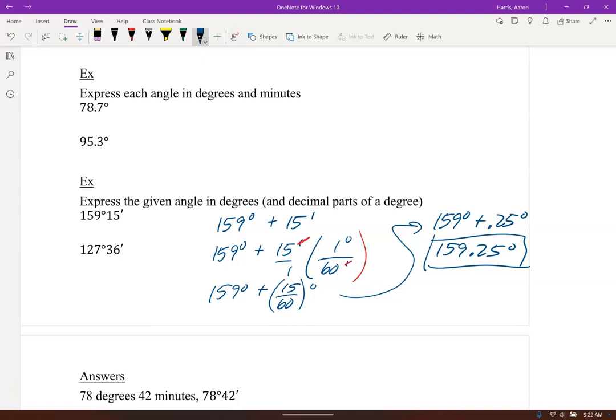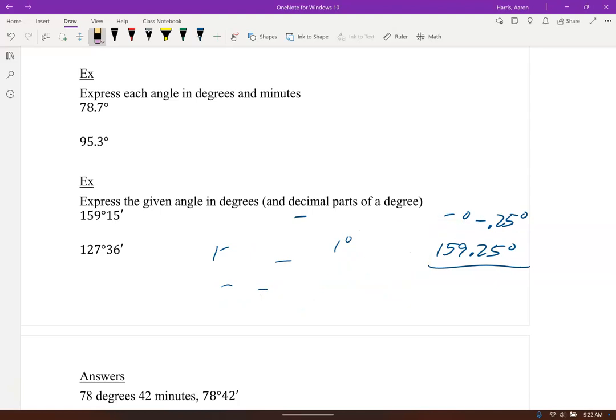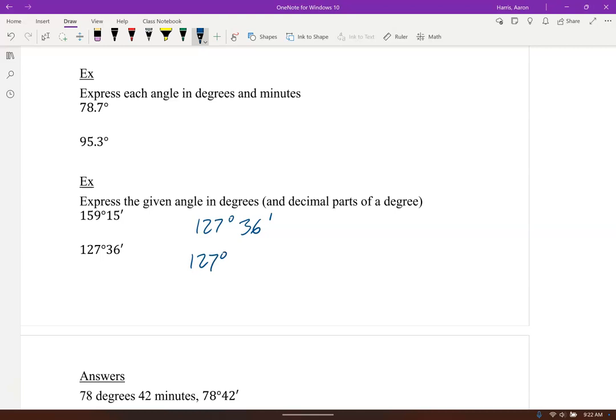Let's do a couple more here. 127 degrees 36 minutes. So 127 degrees, that's okay. The 36 minutes has to be converted. For every 1 degree, there's 60 minutes.